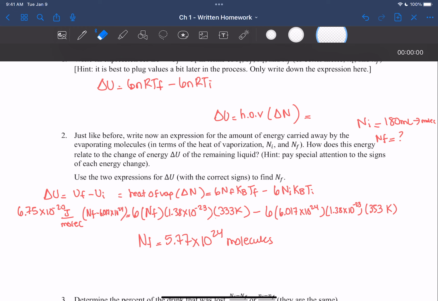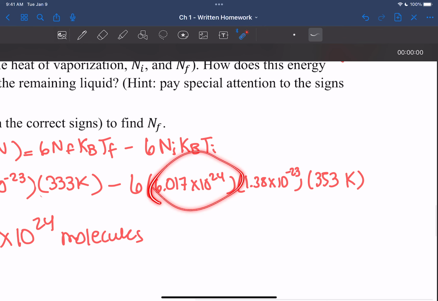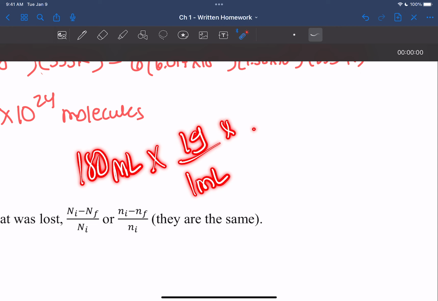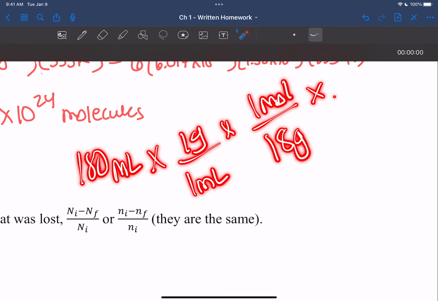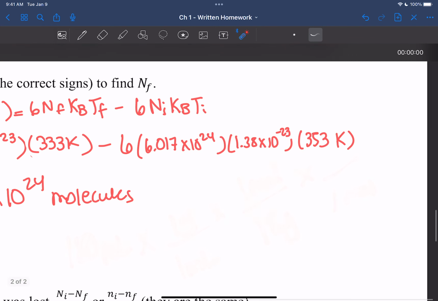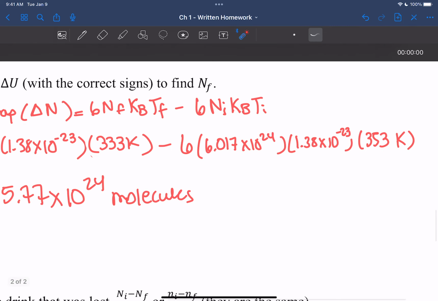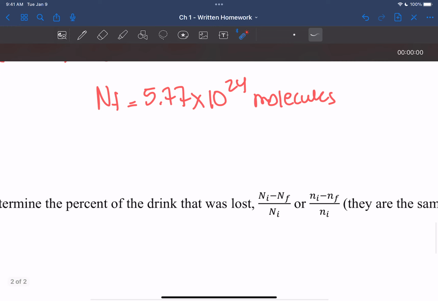And the way I got this huge number here is that I took 180 milliliters times 1 gram per milliliter, and then there's 18 grams in a mole of water, and 1 mole is 6.022 times 10 to the 23rd molecules. So you end up with molecules on top.